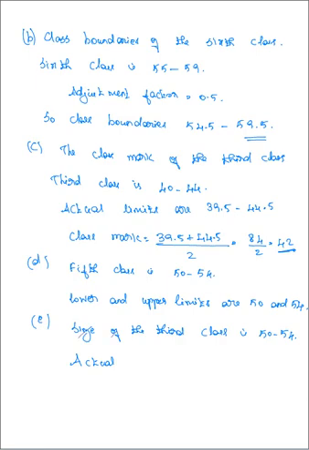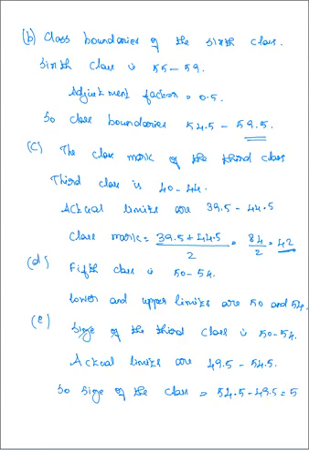Actual limits are 49.5 to 54.5. So size of the class is equal to 54.5 minus 49.5, which equals 5. That's it.